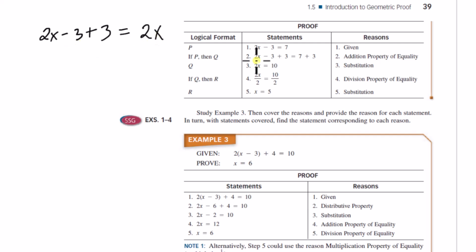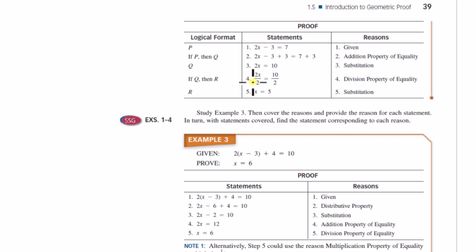But A is equal to B, so you can replace. What they're doing is replacing 2x minus 3 plus 3 with 2x, and they're replacing 7 plus 3 with 10. Which, again, seems so trivial, but they have to be very rigorous. That's what they mean by that.